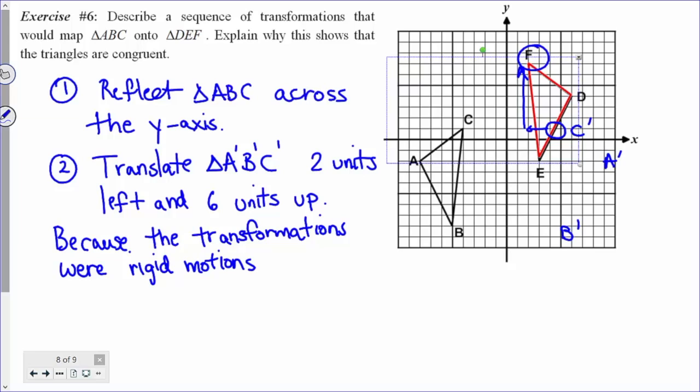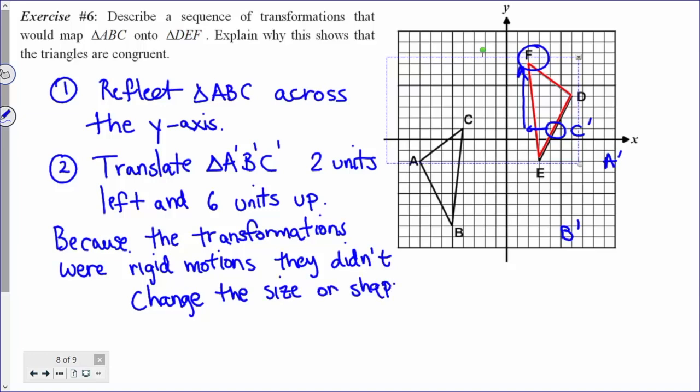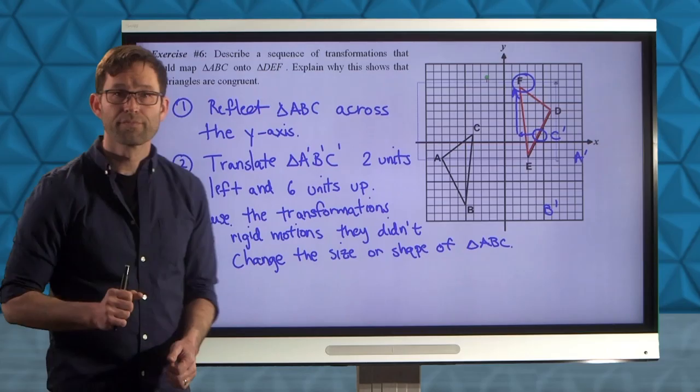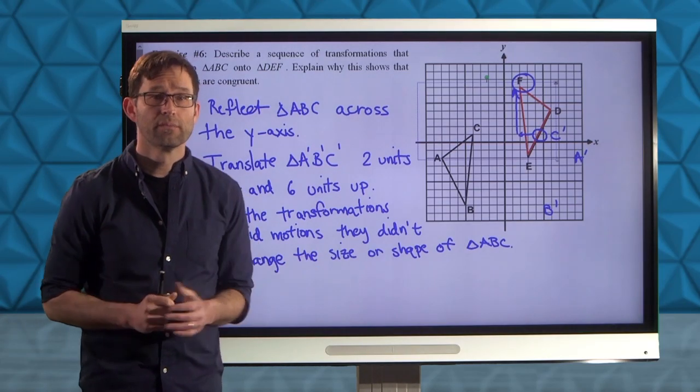Because the transformations were rigid motions, they didn't change the size or shape of triangle ABC. All right, that's it.